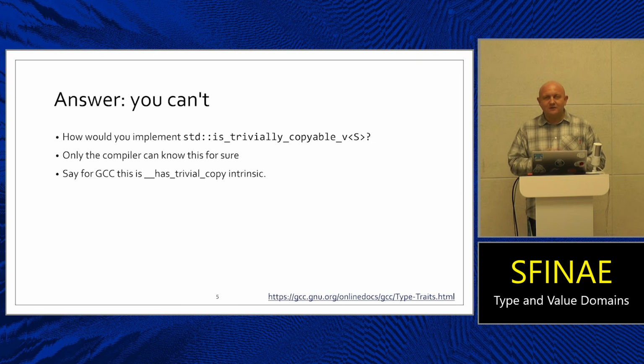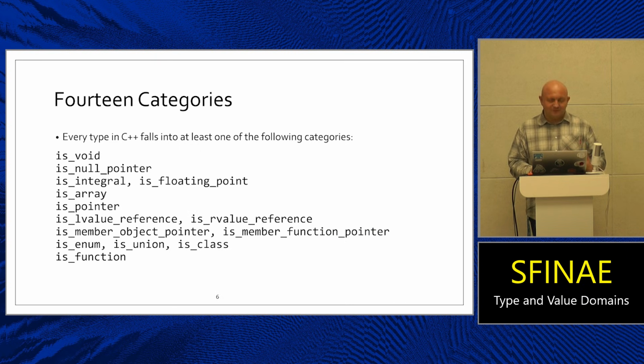And now let's think about those entity categories. If I say something is an integral type, something is a floating point type, can you figure out all categories in the language? And yes, you can. All categories are plainly listed in the standard.